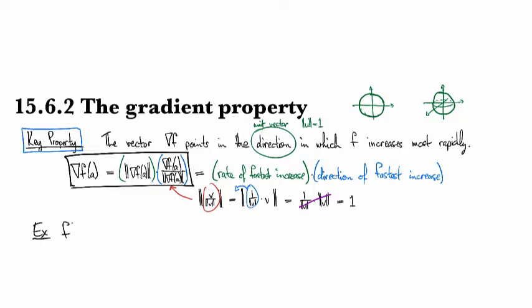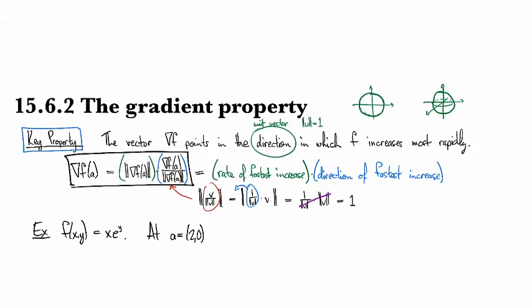So let's take the function f to be x times e to the y. And we'll look at the point a, we'll take a to be the coordinate (2, 0). So that's our input vector where we're going to evaluate this function f. At this point, which way do we go to make f increase as quickly as possible?